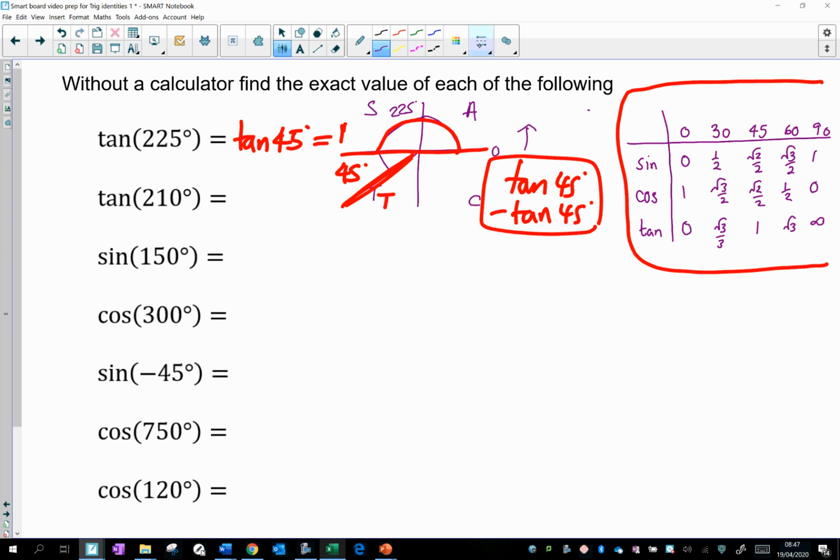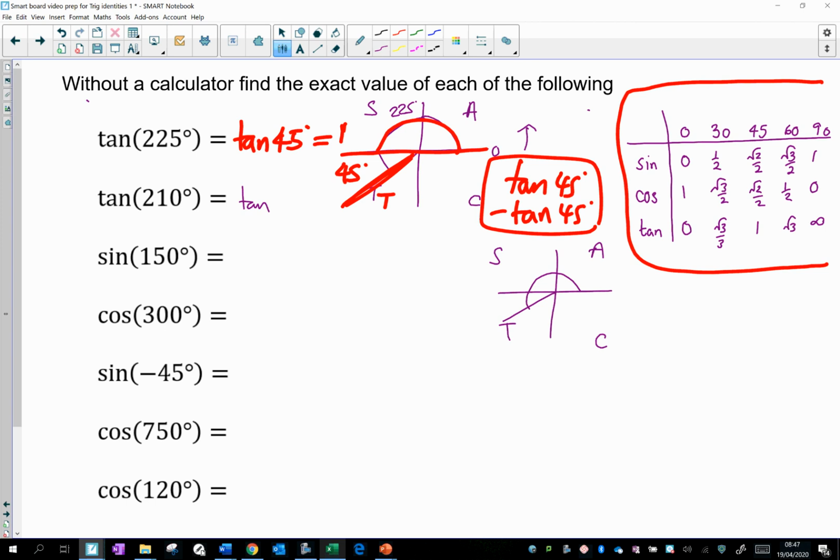Right, let's have a look at the next one. We have tan 210, so I'm going to draw 210. A, S, T, C. Going round the diagram, it's a positive angle, 90, 180, so again it's in this section here. Tangents are positive, we already know that, so it's going to be the same as tan. But what's the acute angle?